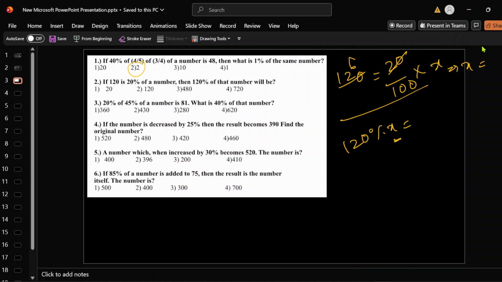If we move it to the left side, it will be multiplied, giving 600. So 120% of 600, that is 120 by 100. Substitute the x value here, and 720 will be our answer.